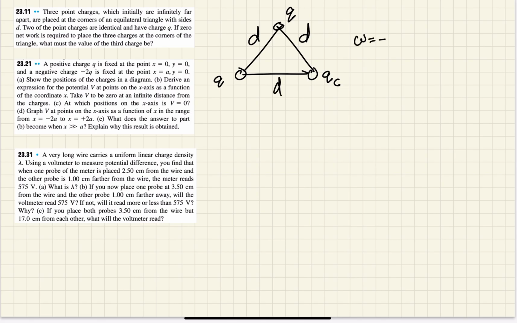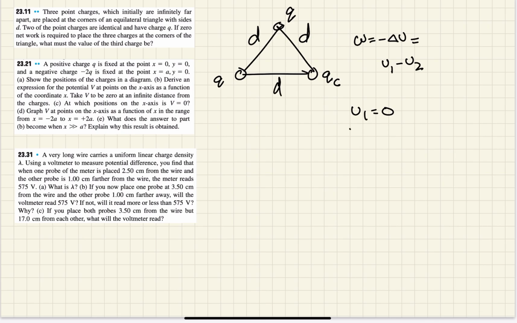We know work is equal to negative change in potential energy. And that's just equal to U1 minus U2, where you're moving from 1 to 2. And so U1 equals 0 because it's infinitely far away, and we know that electric potential energy at infinitely far away is 0.